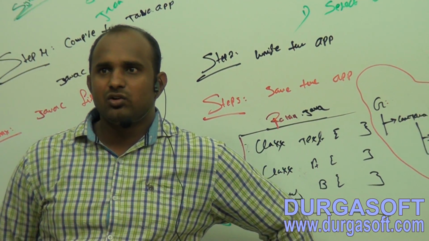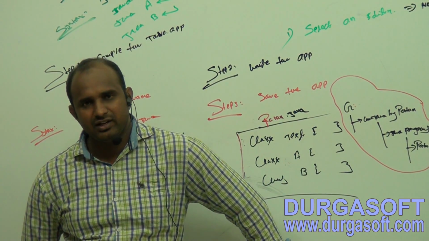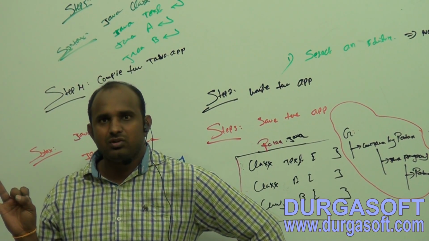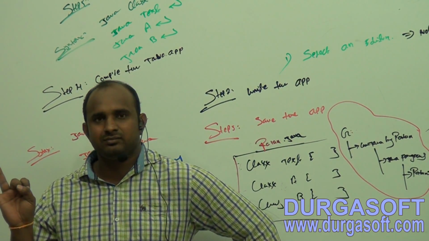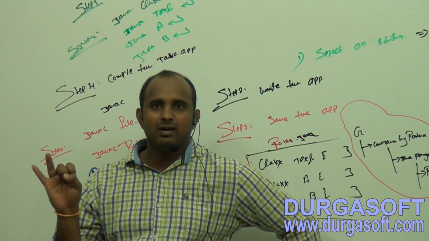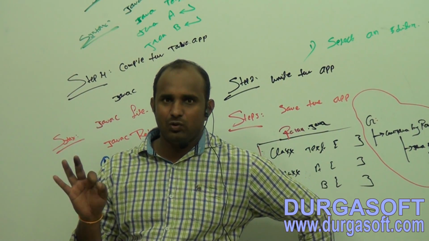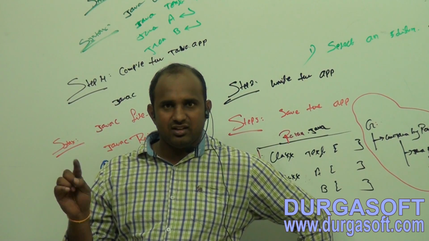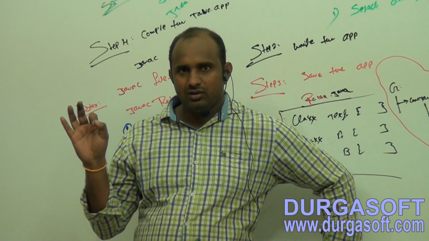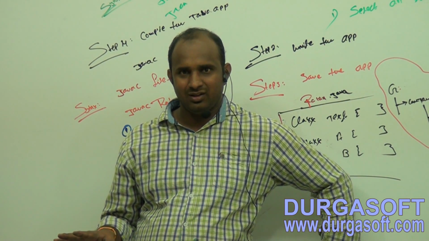Note number 1: the source file is allowed to declare how many classes? Multiple classes. Point number 2: the source file is allowed to declare how many public classes? Only 1 public class, and any number of non-public classes. Number 3: what are the compiler responsibilities? Check the syntax errors, and generate the .class files. Number 4: who generates .class files? Compiler.